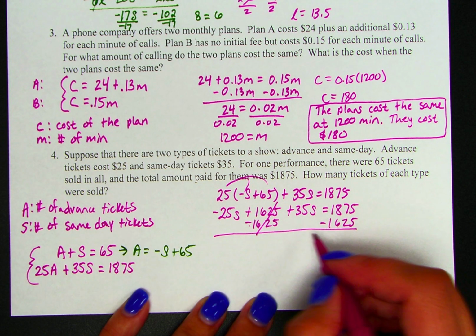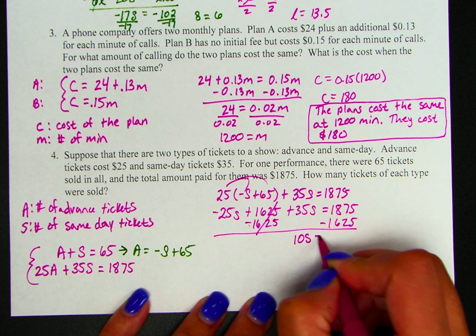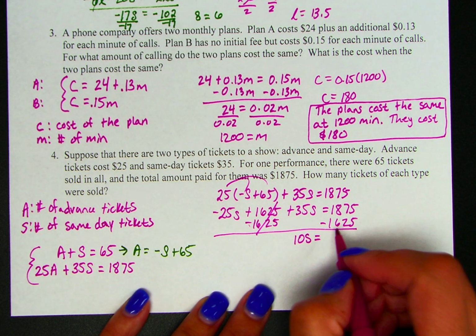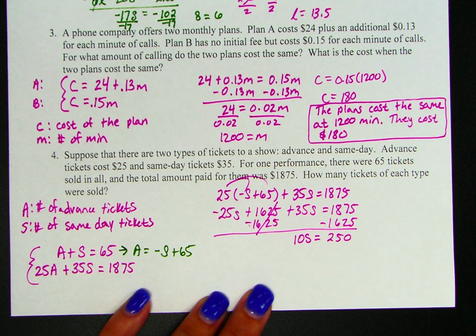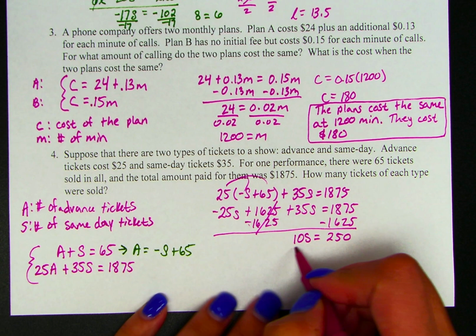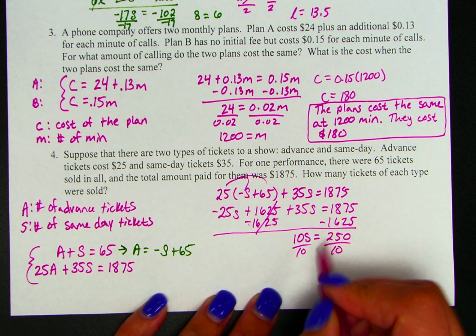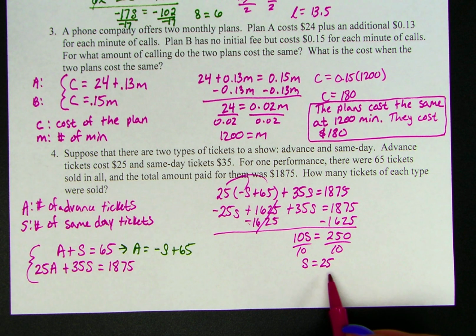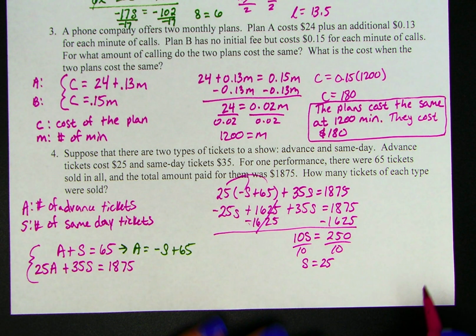So if I combined, that will be 10S. And if we are subtracting, that is going to be 250. And now I'm dividing both sides by the 10, which means that S is 25. So I sold 25 of the same day tickets.